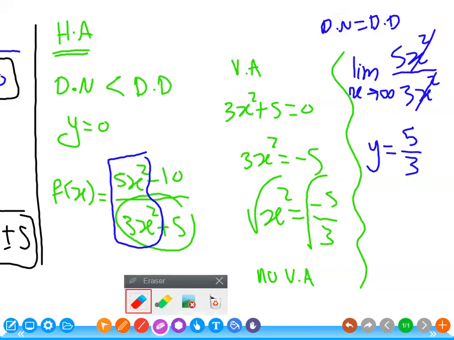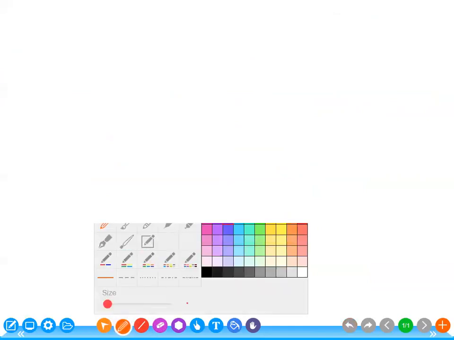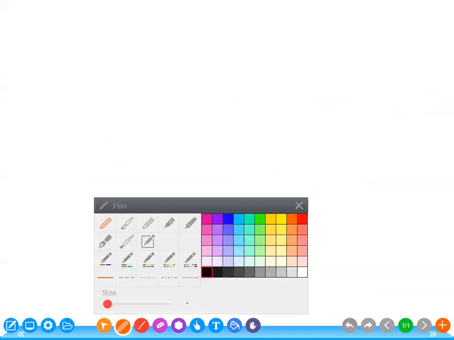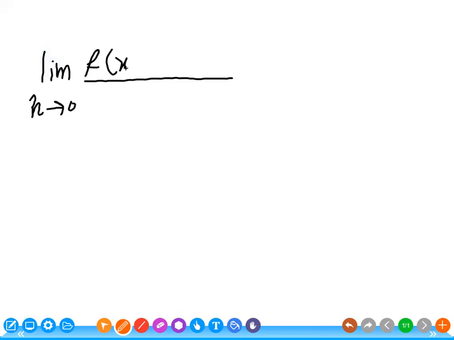Now let's go for the basic derivatives, and we will start with differentiating by using the definition, which we call the 4 steps derivative. In order to find a derivative by using the 4 steps, we use the limit as h approaches 0 of f of x plus h minus f of x over h.